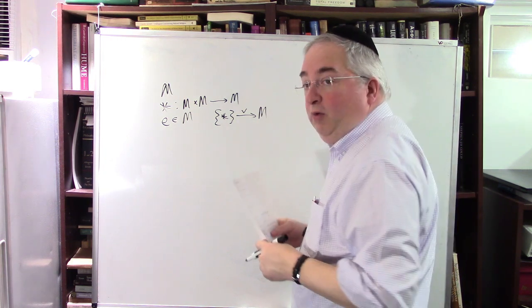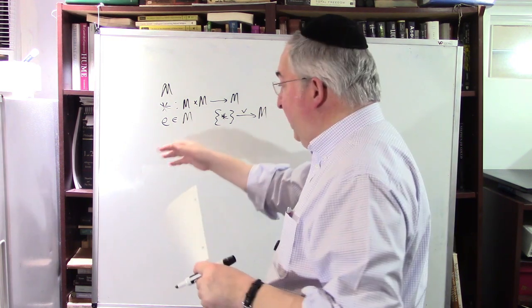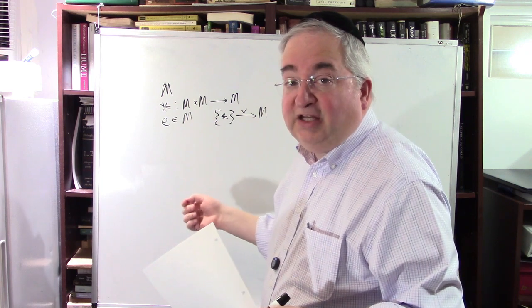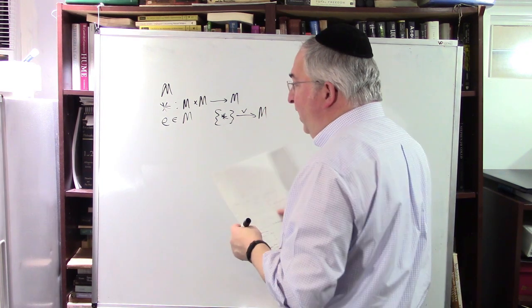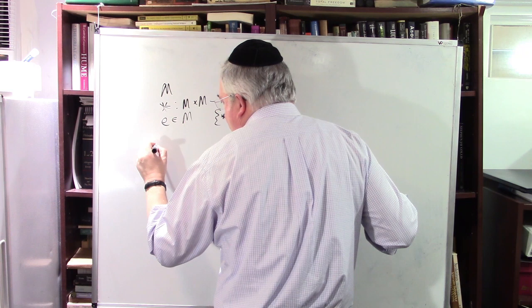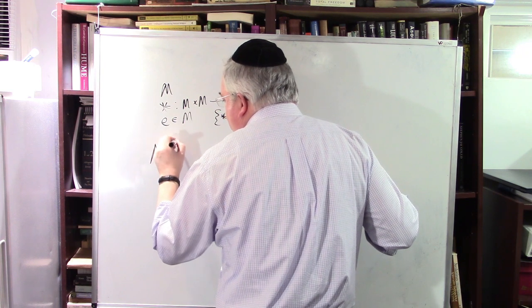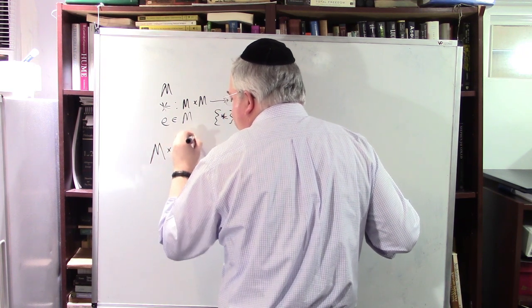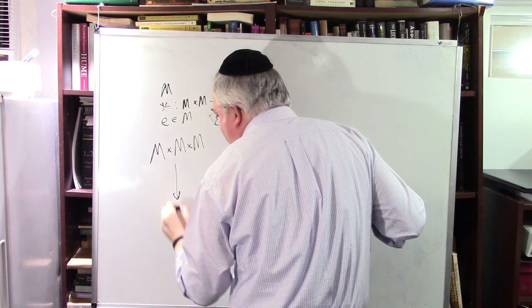I want to write the requirements, but instead of writing them as equations, which are certain axioms they have to satisfy, I want to write them as maps, as diagrams. We saw this with groups, but let's do it again with monoids. It's the same diagram.